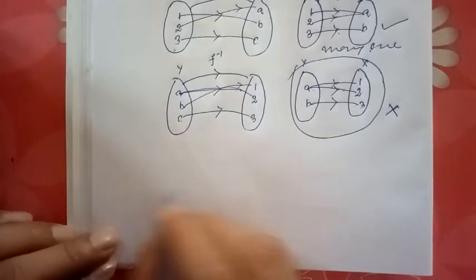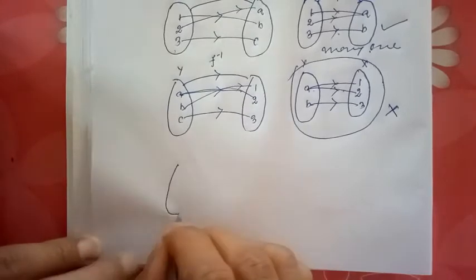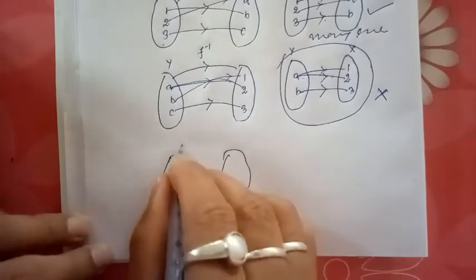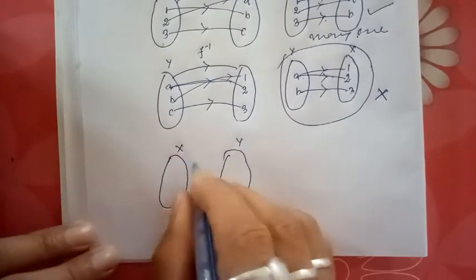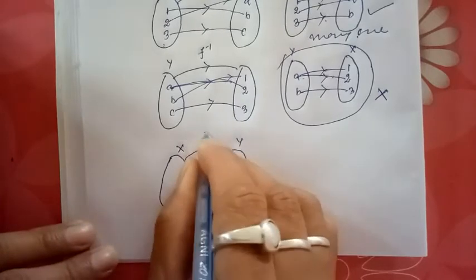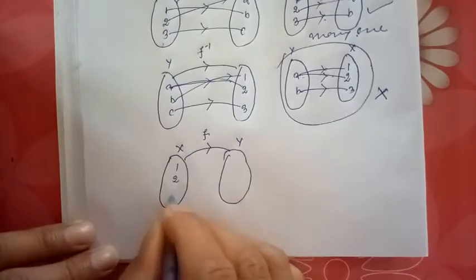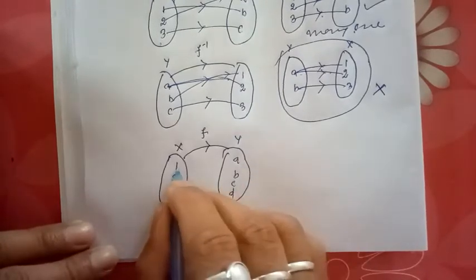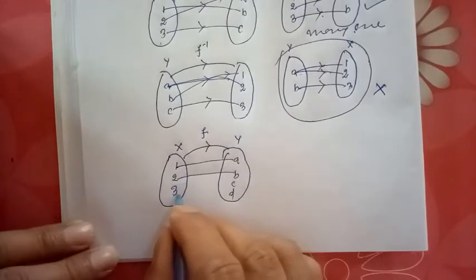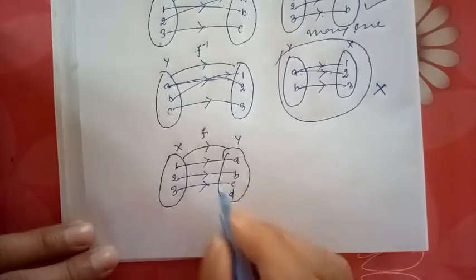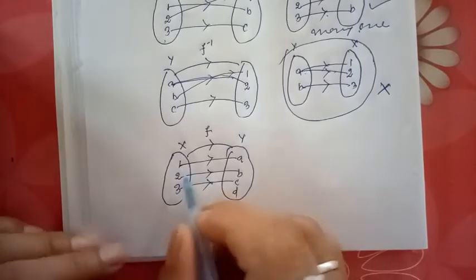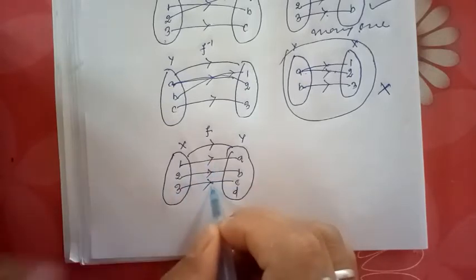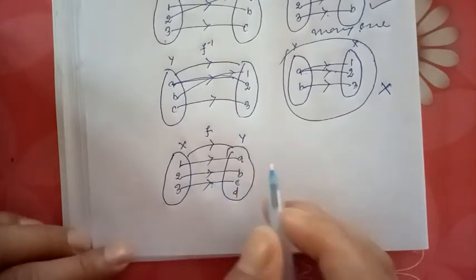So I'm going to show another example. Suppose these are two sets X and Y. This is the function f. 1, 2, 3, a, b, c, d. If it goes like this, you see this is a one-one function, but this function is not onto.